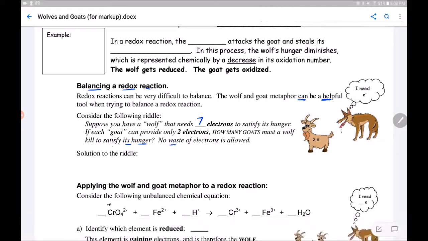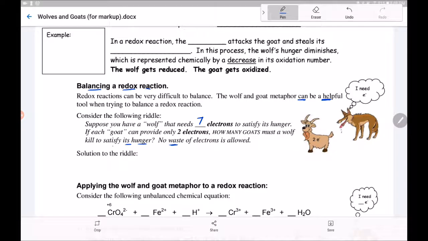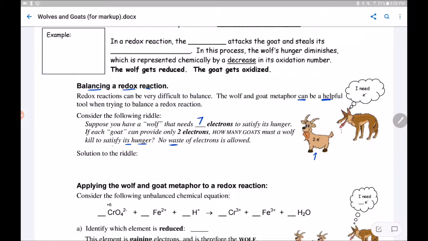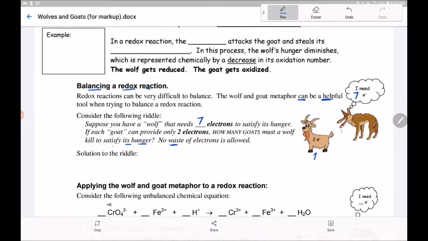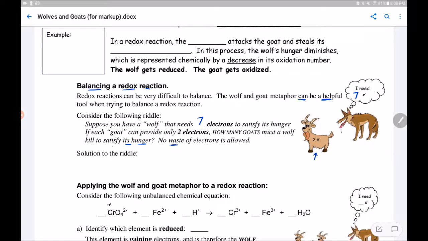No waste of electrons is allowed. So here's the cartoon. You can see there's a goat that provides 2 electrons right here. Here's a wolf saying, I'm pretty hungry. I need 7 electrons. You should see this is not possible to solve if we have only one wolf.